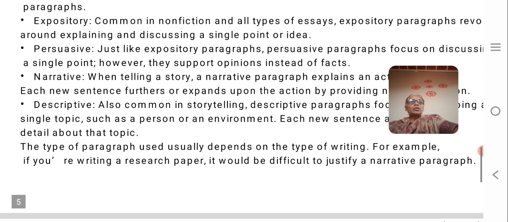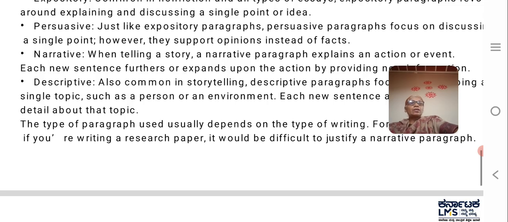Some paragraphs need to be persuasive. They focus on discussing a single point. However, they support opinions instead of facts. Persuasive paragraphs provide opinions. They will not be based on facts. Narrative paragraphs are used when telling a story. They explain an action or an event.